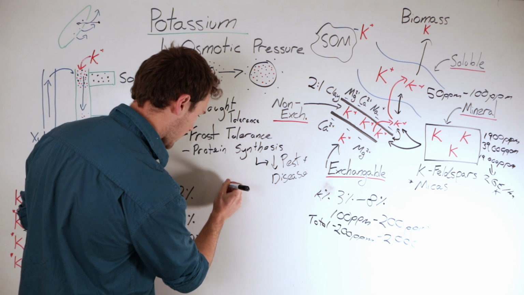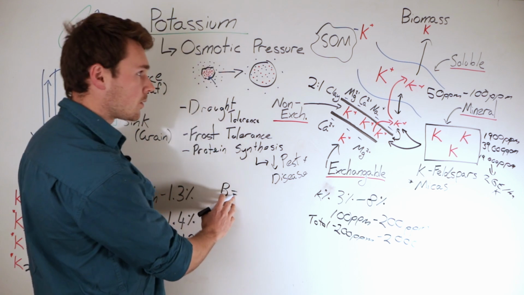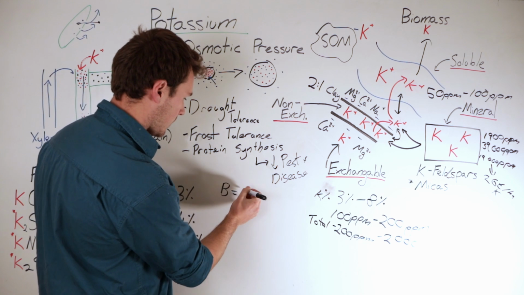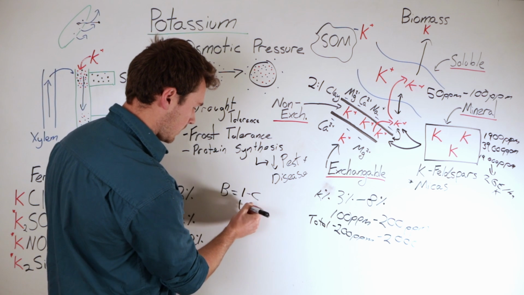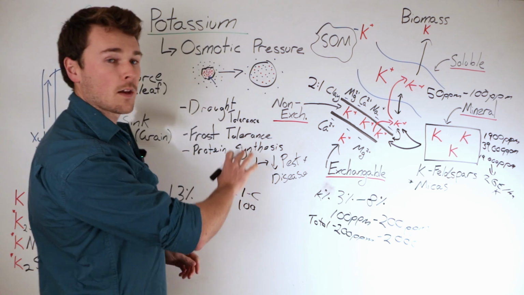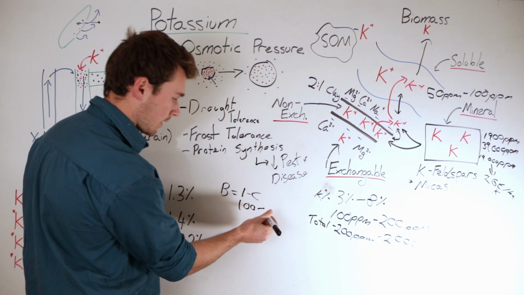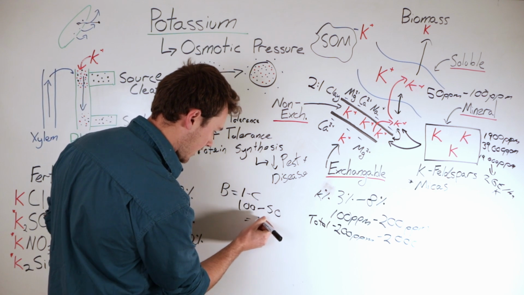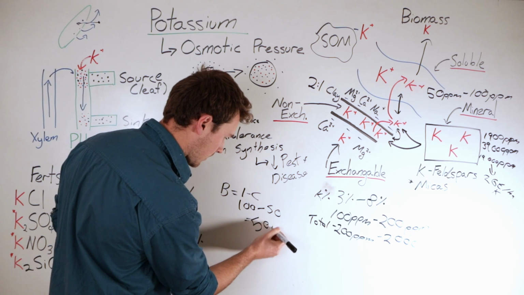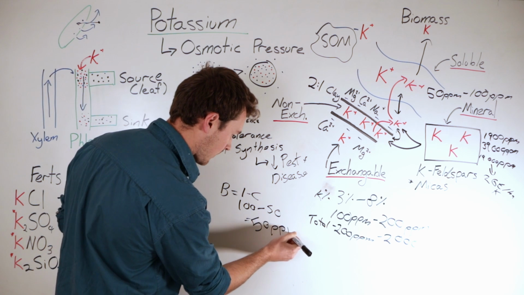We've got our build up, which is equal to the ideal level minus the current level. So for example, if the ideal level is 100 parts per million of potassium and our current level is 50, then we need to apply enough to make 50 parts per million in our soil.